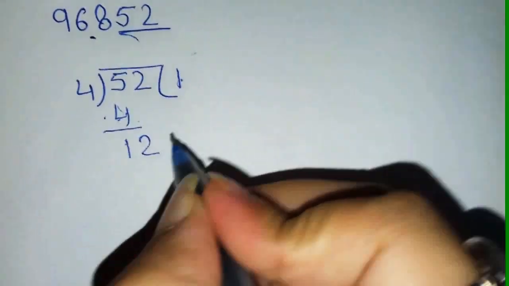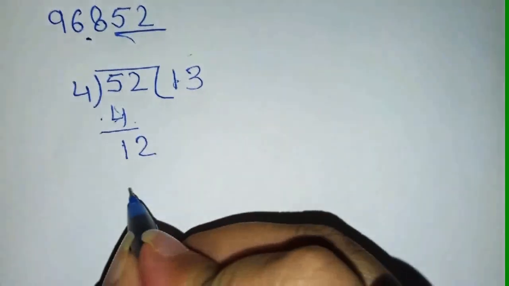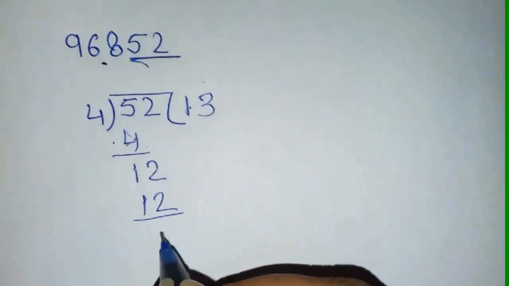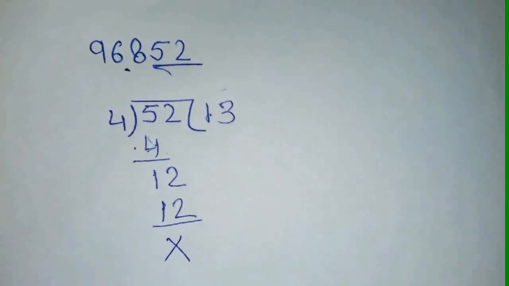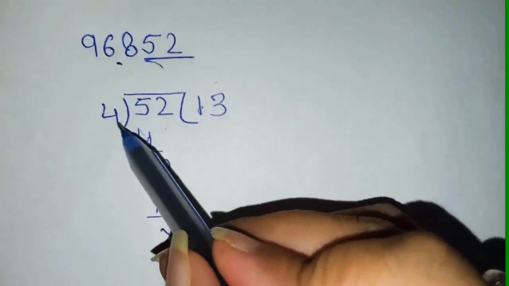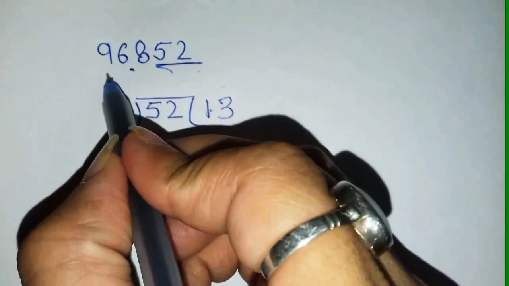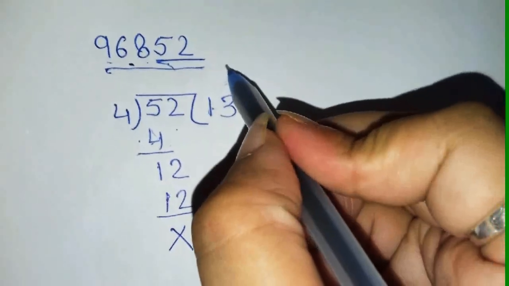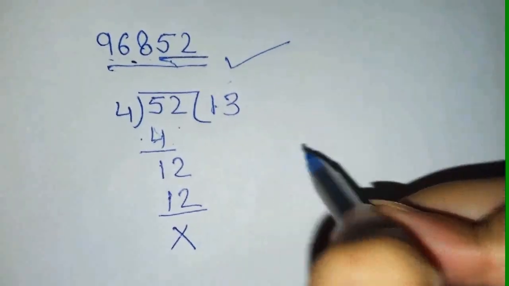Remainder 1, 2. 4 threes are 12. Here 52 is divisible by 4. Therefore, this number 96,852 is also divisible by 4.